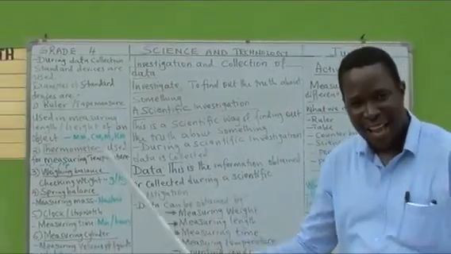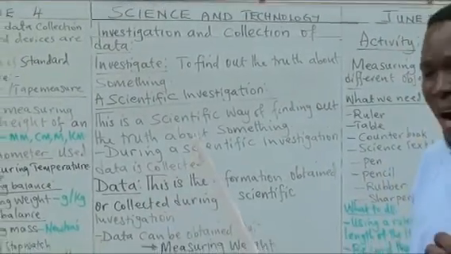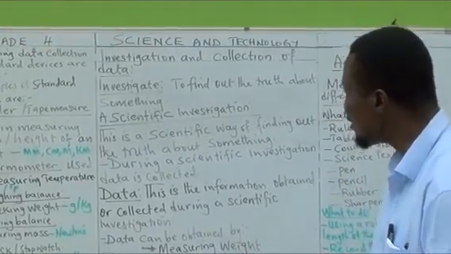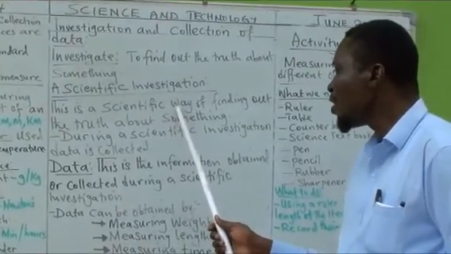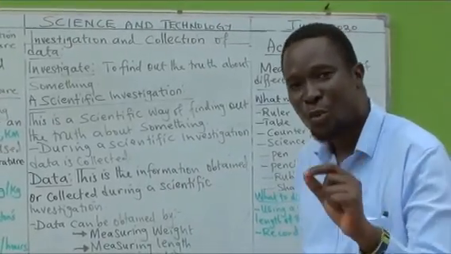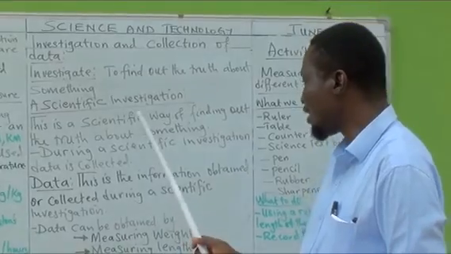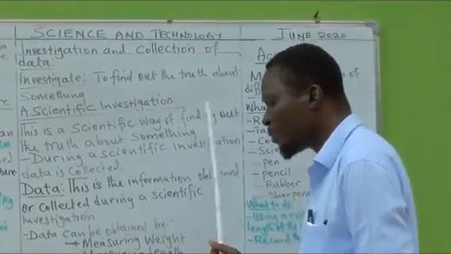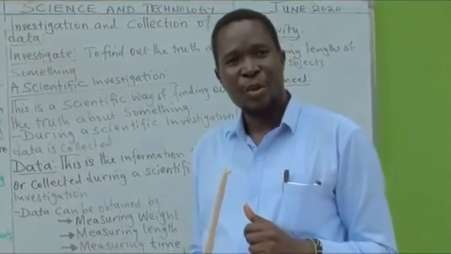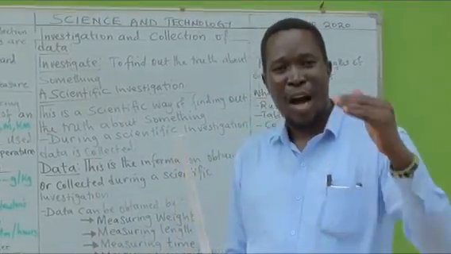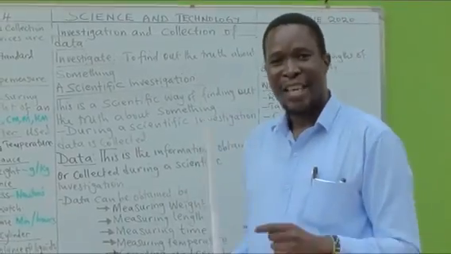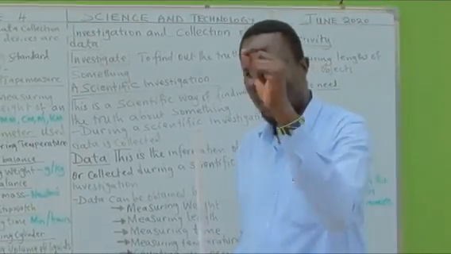And we are learning science and technology, so we talk about a scientific investigation. A scientific investigation is a scientific way of finding out the truth about something. For example, if you are told to find the height of a person, you will need different tools to take the measurement of every person, and you record it down.